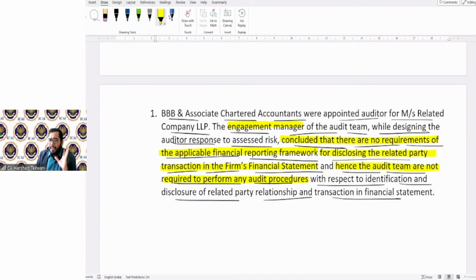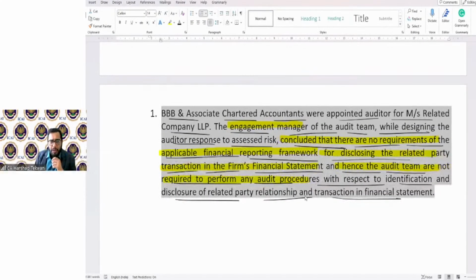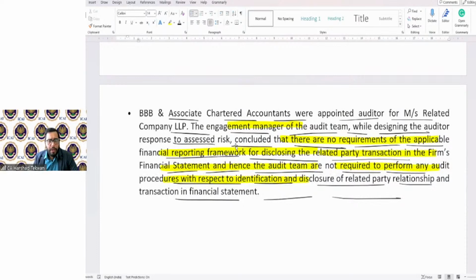Can we just ignore them, because there is no requirement of the financial reporting framework, and what would be the impact?